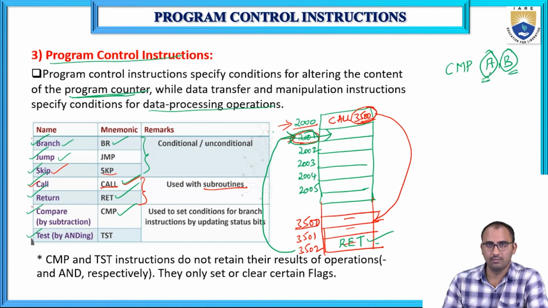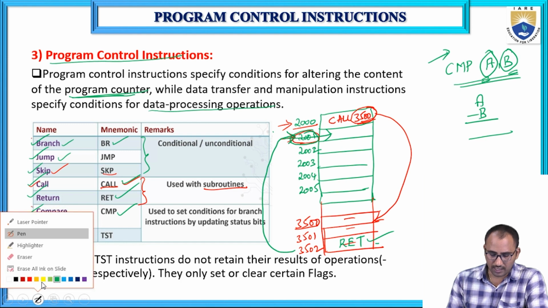This comparison instruction just compares the operands. The result will not be stored anywhere. Comparison is a subtraction; it performs A minus B, but the result is not stored in any register. Only the comparison instruction will update the flags.